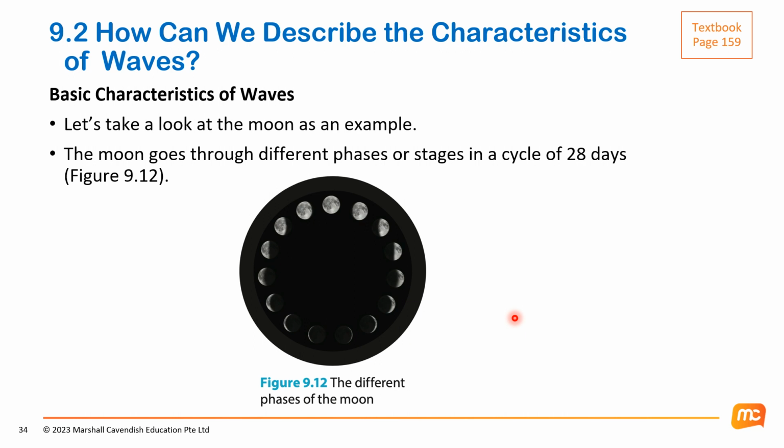But period is the time duration that the wave takes before it matches itself again, or for a particle to complete one full oscillation. So even though these two things are to do with repeating, one is a unit of length, one is a unit of time. Please be very careful about that.